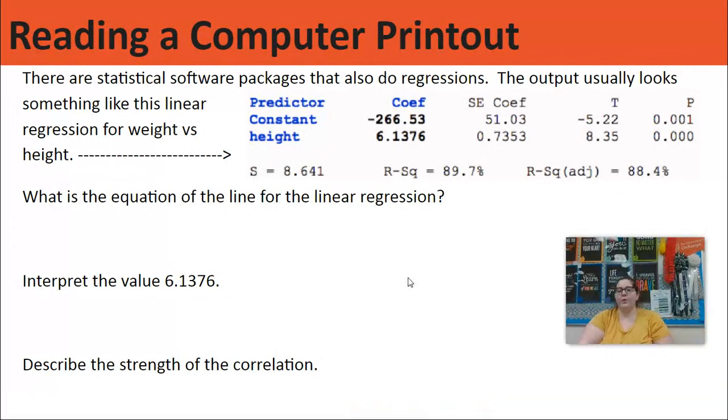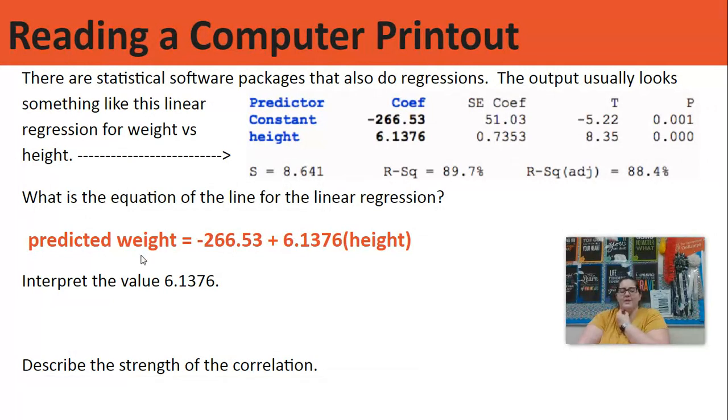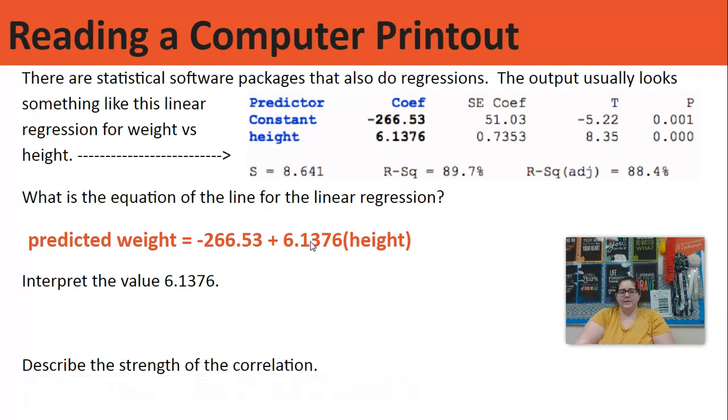So when I write my equation for that linear regression, if height is x, then weight must be y. Again, most of the time you're told which one's x and which one's y. So predicted weight is equal to y-intercept, negative 266.53, plus slope, 6.1376, times x, which is height. So that would be my equation. That's how we pick out those numbers from that table. So 6.1376 is the slope.